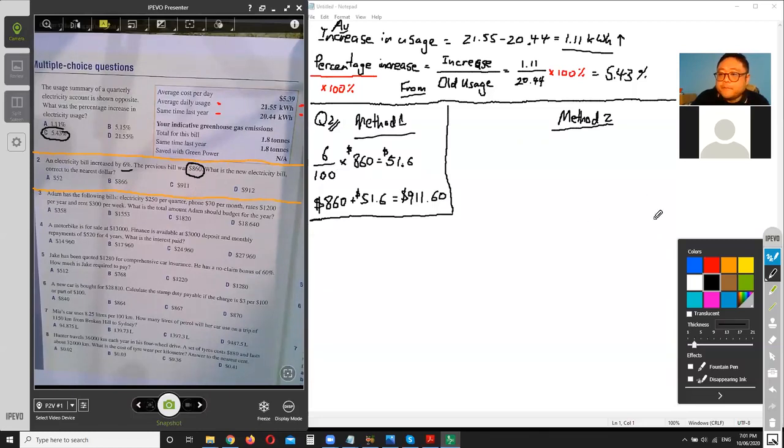Have a think. 100%. Can you see how this is 100%? Well done.